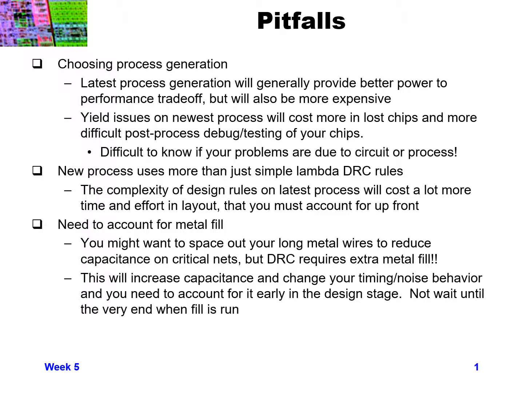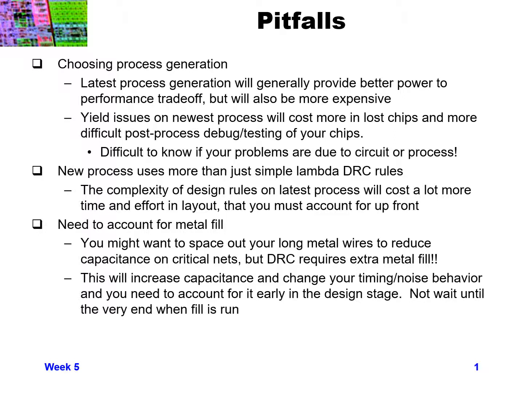And also, if you get it back and 100% of your chips aren't working, you don't know whether your problems are due to a mistake in designing the circuit up front, versus your circuit is designed perfectly, but the process caused some problem that caused it to not work. And so you're debugging both your circuit and the process at the same time, which increases your cost and your time.